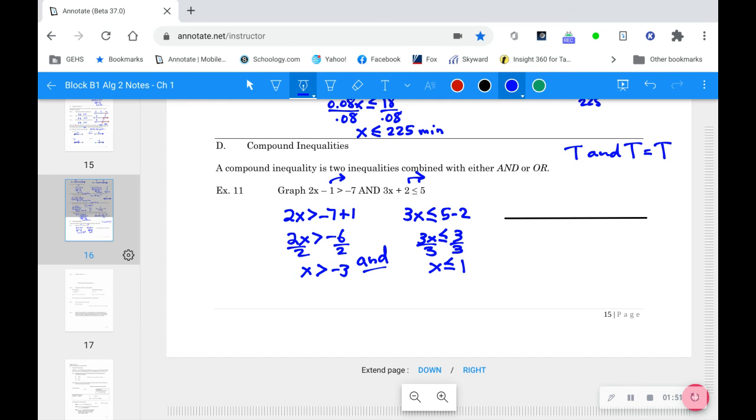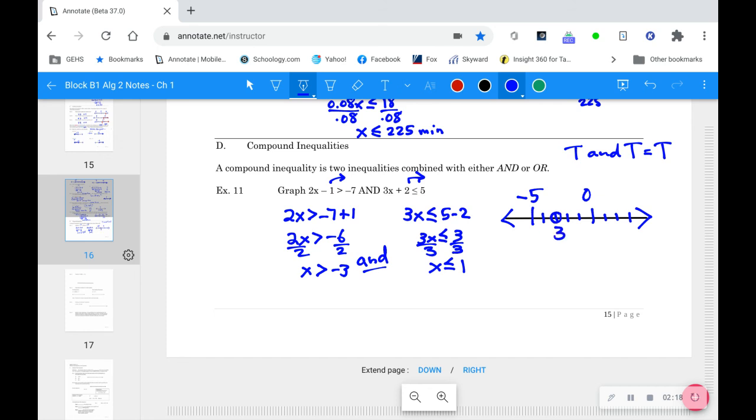So you would ask, are there any numbers that meet both descriptions? So let me get a little scale going here. And we're looking for numbers that are to the right of -3 and also to the left of +1.